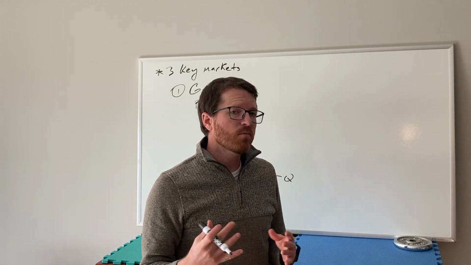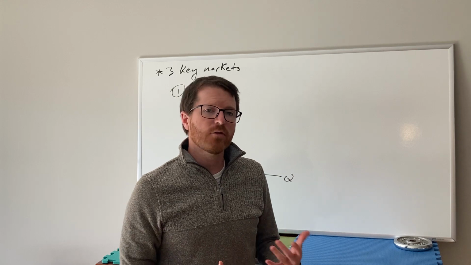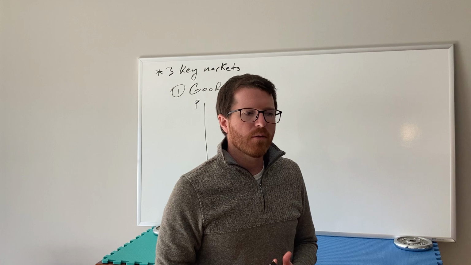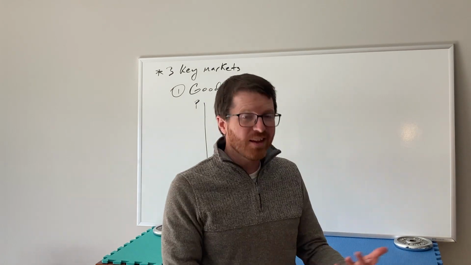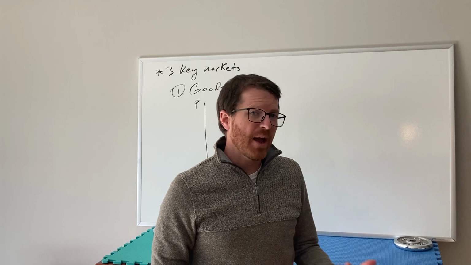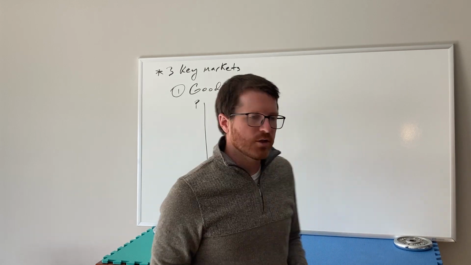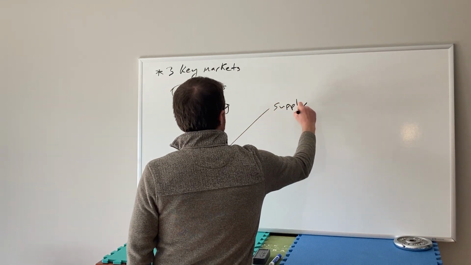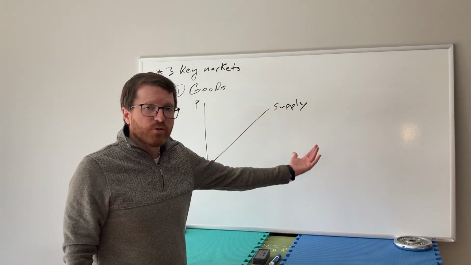And of course, there's two main actors in a market, the producers and the consumers. And they both have different feelings about a higher price versus a lower price, right? A high price is good if you're selling the good, but a high price is bad if you're the one buying the good. So we have two opposite relationships. So the supply curve is represented with an upward slope because when prices go up, producers produce more, right?